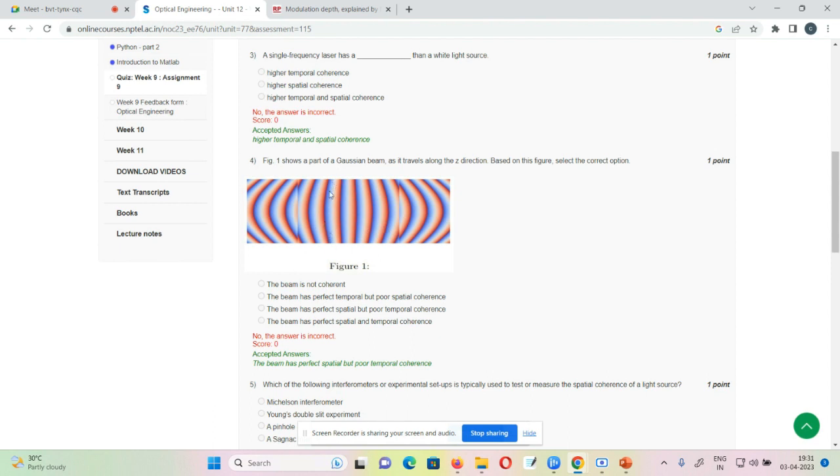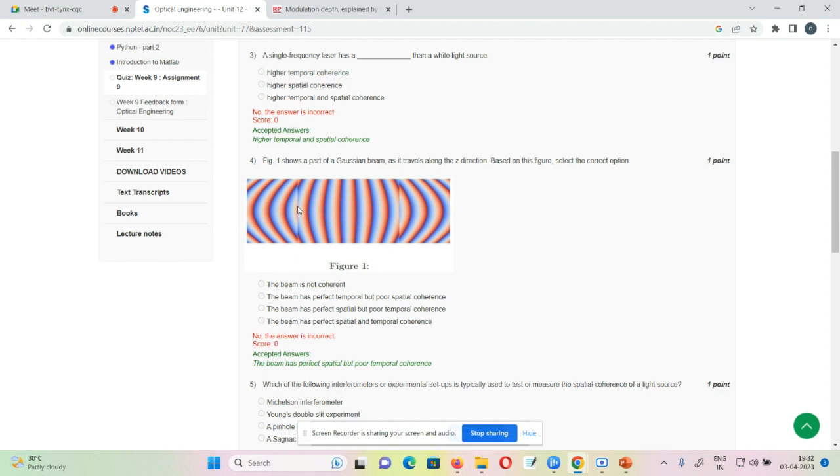You can see all the wavefronts along the xy plane, this kind of vertical lines. The wavefronts are exactly following the same path. So you can say this kind of Gaussian beam will have a high spatial coherence. But you can see that here two vertical lines are there.